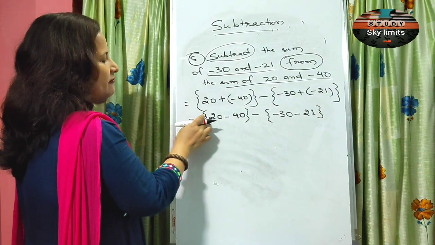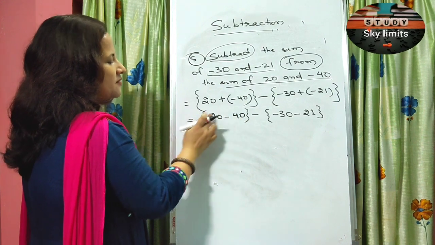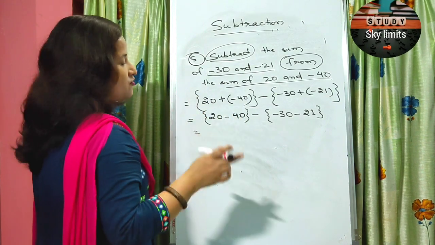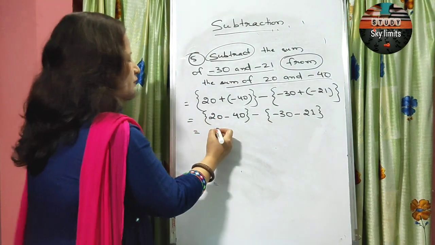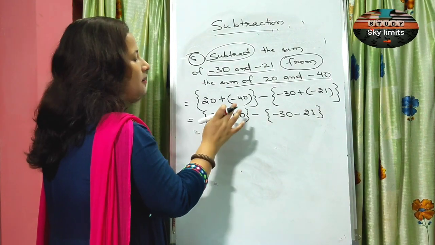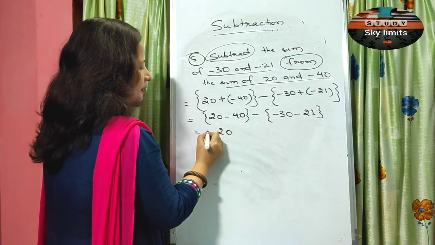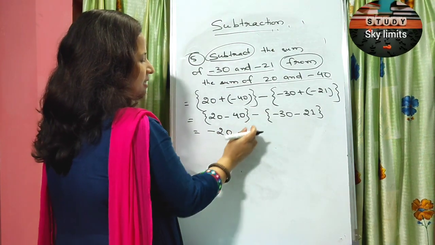It does not have any minus sign in front. So 20 is positive and 40 is negative. If one is positive, the other is negative, we are going to subtract. Obviously, 40 minus 20 is possible. So 40 minus 20 will give you a 20. And which among the two is greater? It's 40 carrying a minus sign. Minus 20. Again, you have a minus sign here.